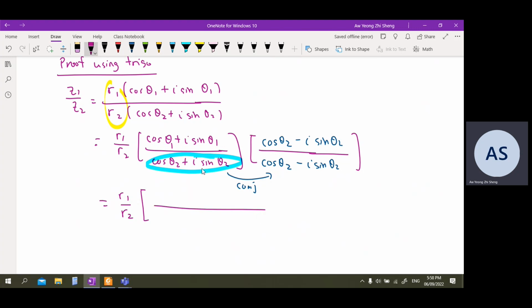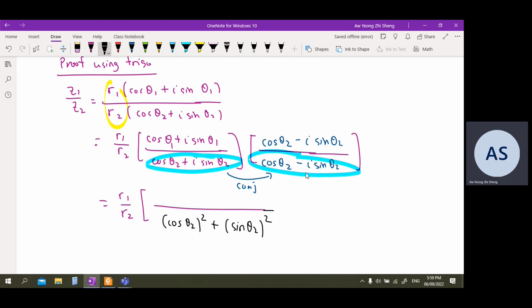At the bottom, I have a product of a conjugate pair, which I know the result must be x squared plus y squared, where x is cos theta 2. And so x squared will be cos theta 2 whole thing squared. y is the coefficient of i in either one of these two complex numbers, so I'll just take sine theta 2 squared. So I have x squared plus y squared.